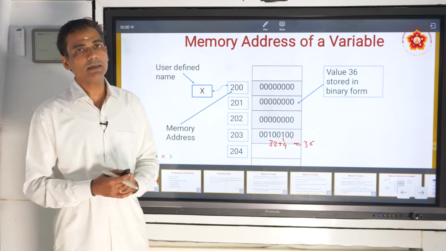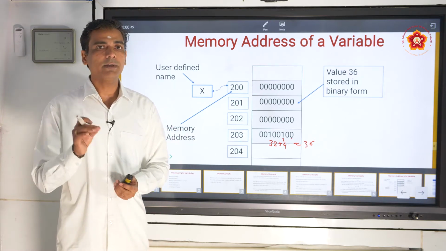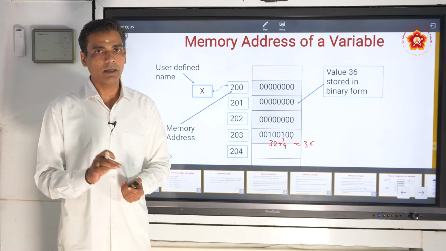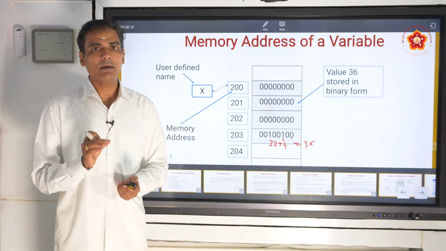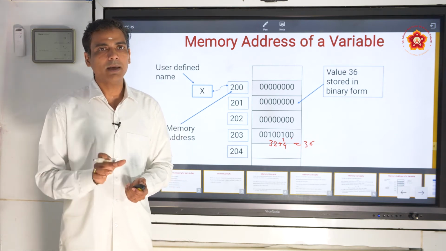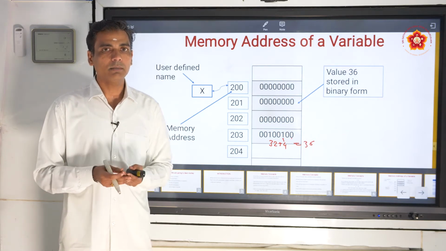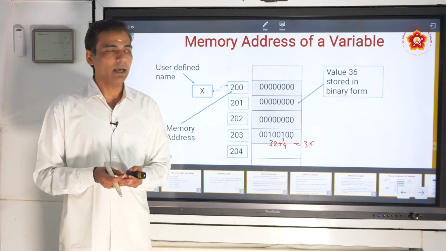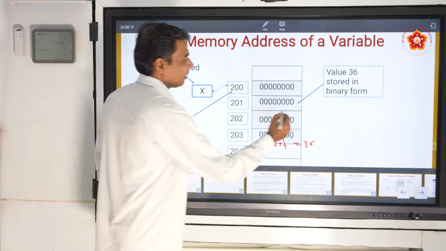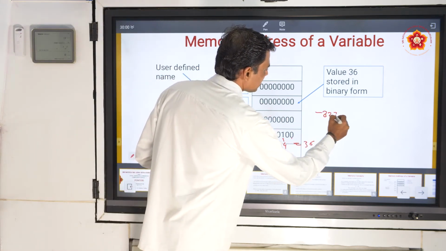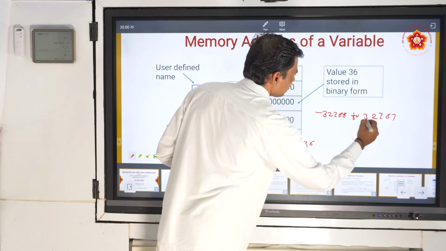So a question may arise in your mind that this is a wastage of memory. Yes, because every data type, int data type or character data type or float data type, is for a certain range of values. For example, if an integer variable consumes 2 bytes of data, that means it is capable of storing values in the range minus 32768 to plus 32767.